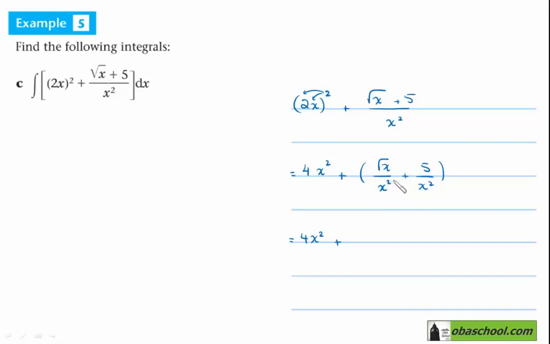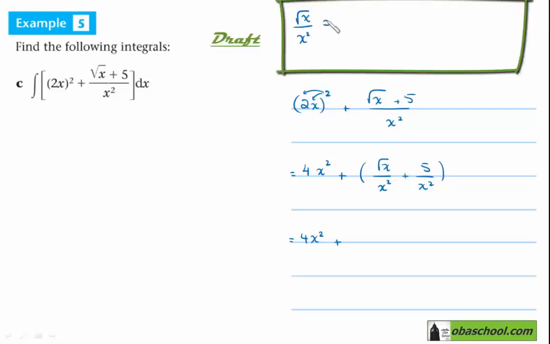The square root of x is the same as x to the power half, divided by x squared. We have the same base, so using the indices rule this can be written as x to the power, and we subtract the powers: half minus 2.